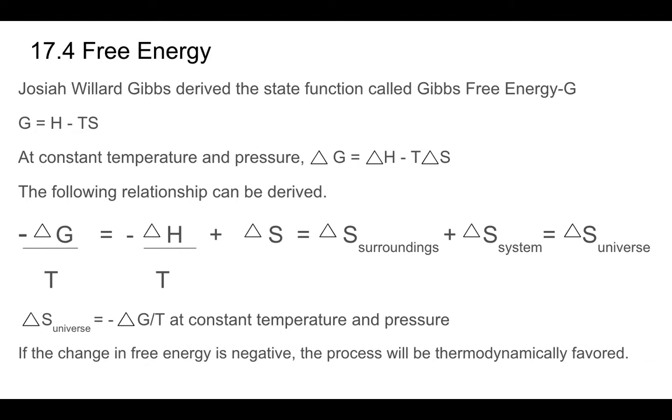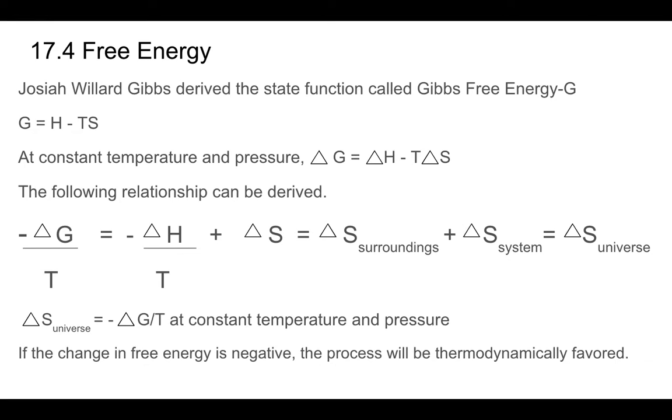Constant temperature, room temperature, constant pressure, 1 atmosphere. So if we consider those types of changes, the ones that occur in open systems at constant temperature and pressure, these changes can be analyzed by their delta G.